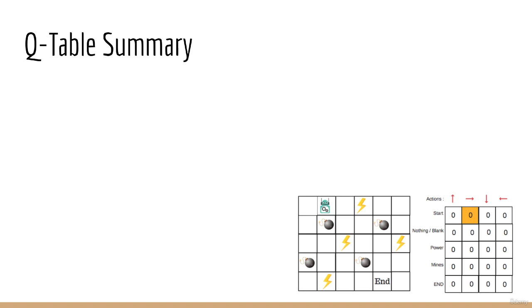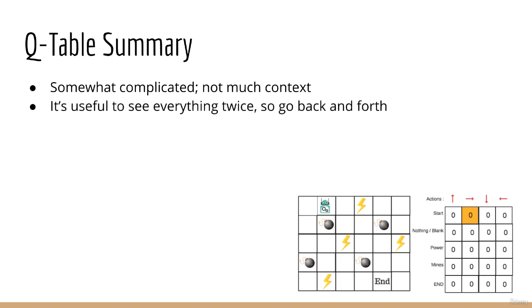Okay, so that was a very brief lecture on how we will represent our states in the upcoming code lecture. Note that this is pretty complicated, so it's understandable if you don't understand what we just talked about, especially since there wasn't much context. However, I think it's useful for you to see everything twice. And so you should feel free to go back and forth between this lecture and the next lecture until you understand all the details.